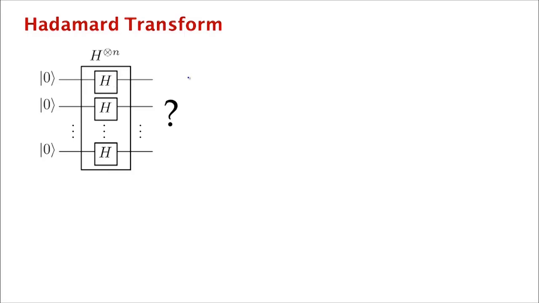Well, the output is clearly the plus state on all the qubits, which is equal to what? I claim that it's just going to be the sum over all n-bit strings, where each such x has equal amplitude, and the amplitude is 1 over 2 to the n over 2. Right? Because we'll get a 1 over square root 2.